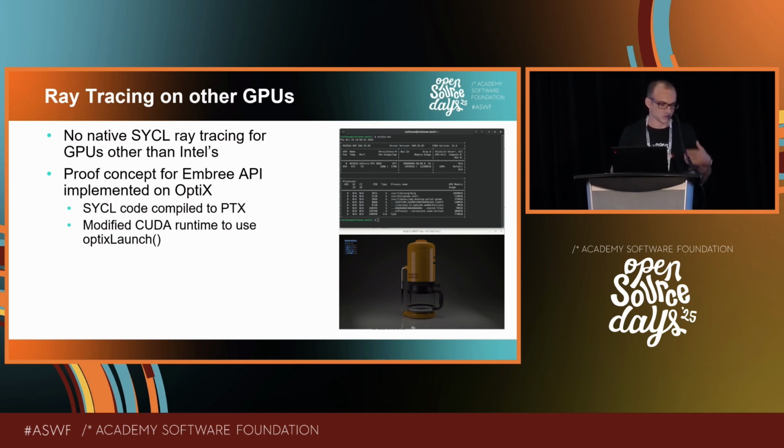Since mostly you can use CUDA context and CUDA memory, it was not that much of an overhead. It had to do a little bit of transforming the PTX to be in a way that OptiX expects it, but it actually runs. So it is possible you could have third-party hardware ray tracing in SYCL as well.